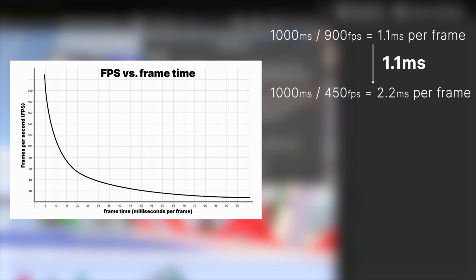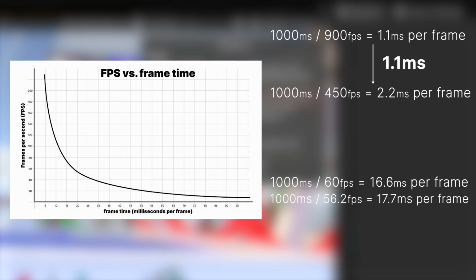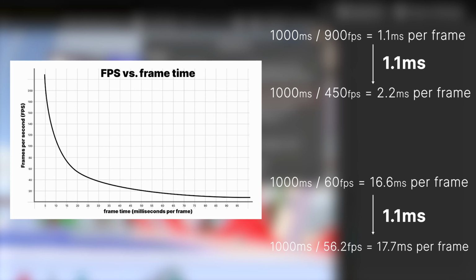But it looks like a big drop. On the other hand, the difference between 60 frames per second and 56.25 frames per second is also 1.1 milliseconds. But the change seems less dramatic. That's why developers focus on frame time rather than frames per second to measure performance. Keeping it within target ensures smoother gameplay regardless of how the frames per second number appears.